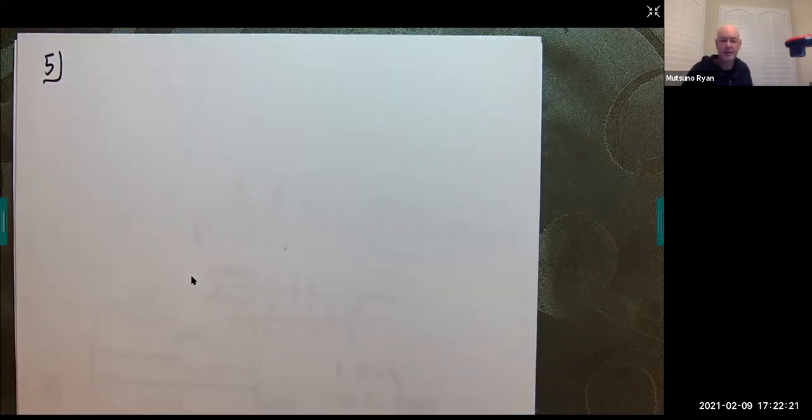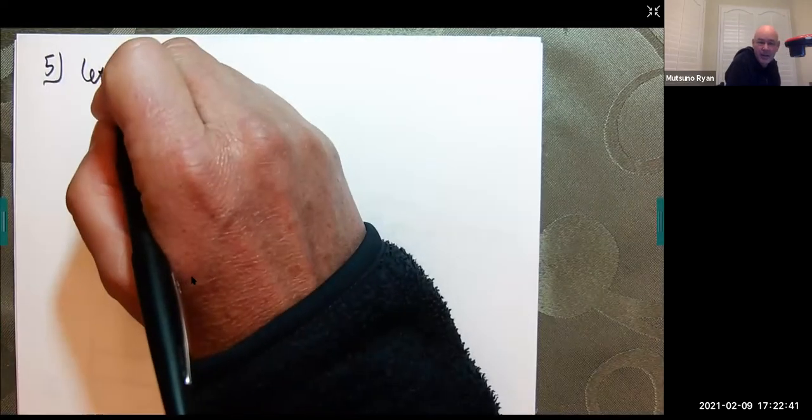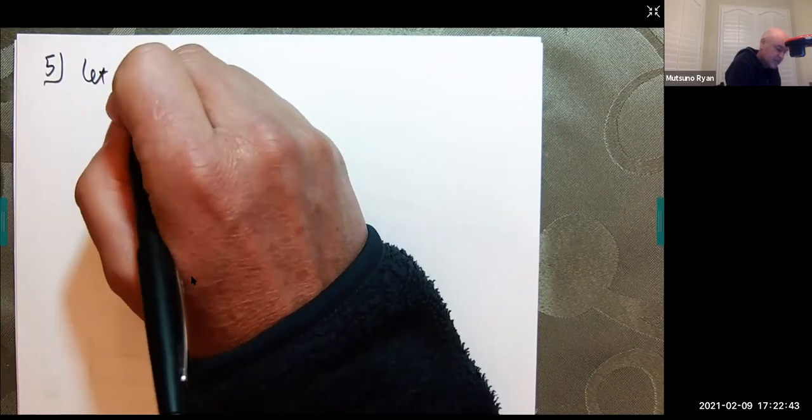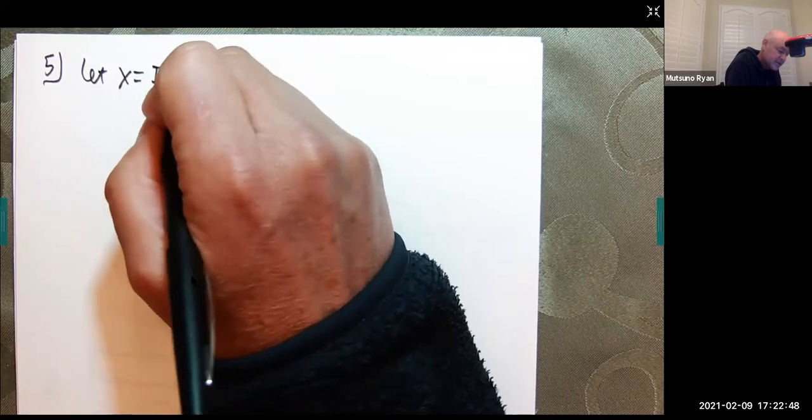All right, since it wants to know how fast each was traveling, I'm going to let, what are the names again? Ian. So I always ask myself, who's going faster? And it says if Brooke is traveling 5 miles an hour faster, so she's faster. So I'm going to let x equal, you can use any letter you'd like, Ian's rate.